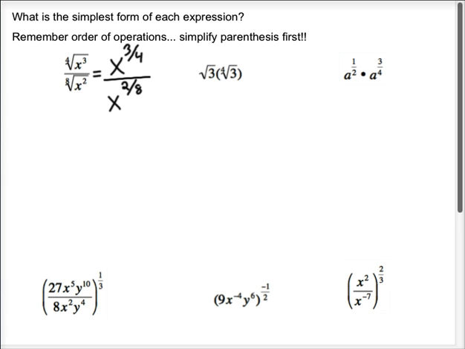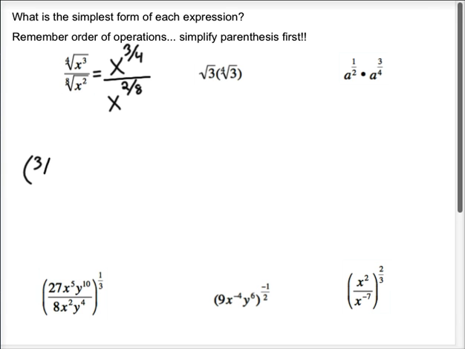All right, so now we have a division problem. So remember, when we are dividing two like things, we subtract the exponents. Now it's a little bit trickier here because you are subtracting fractions. So what I would do is type this into the calculator.